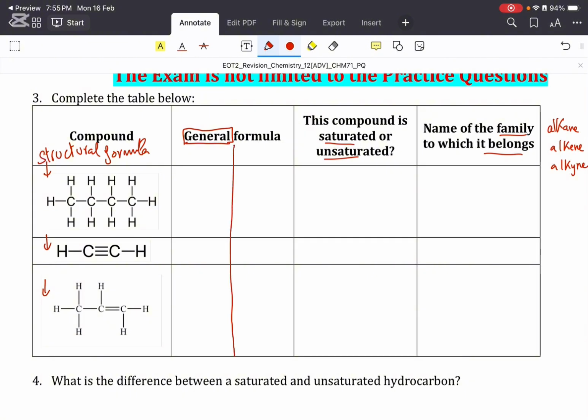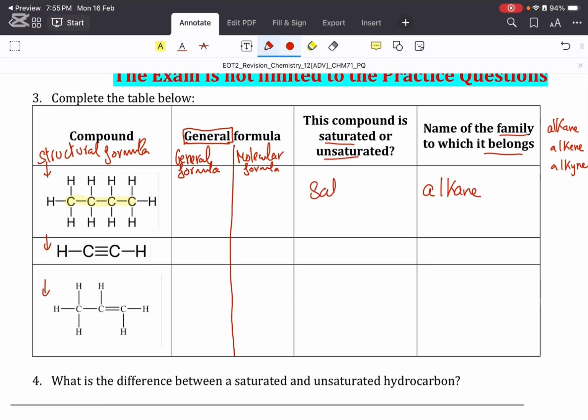I'm gonna split this table. In here, I'm gonna show you how I write the molecular formula for the 3. And here, I'm gonna show you how I write the general formula. So, since in the hydrocarbon over here, all the bonds between the carbons are single bonds, it means that this is an alkane and it is saturated.